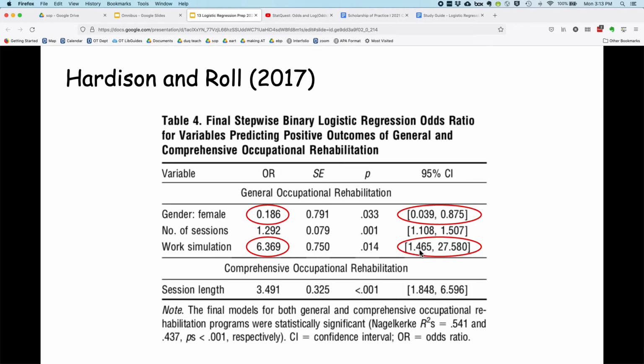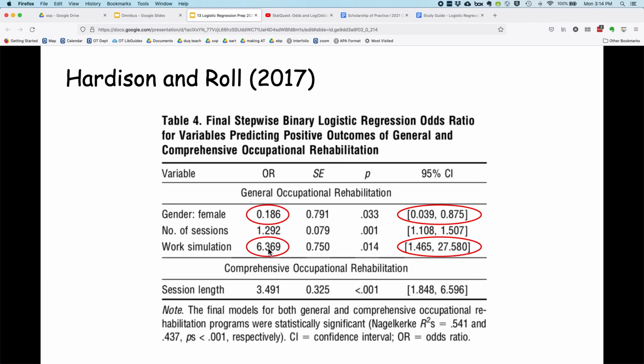It might be as small as 1.46 and might be as large as 27.5, meaning somebody who gets a work simulation is actually 27.5 times more likely to get a positive outcome than somebody who doesn't.